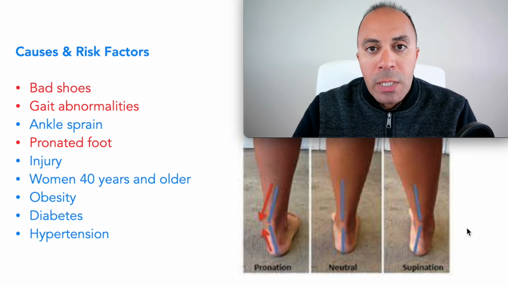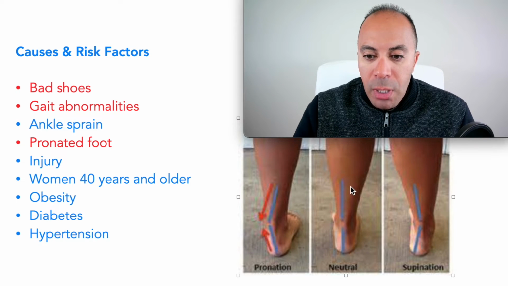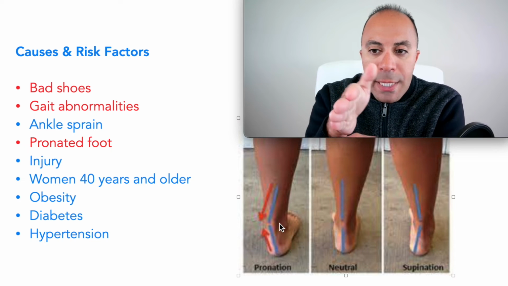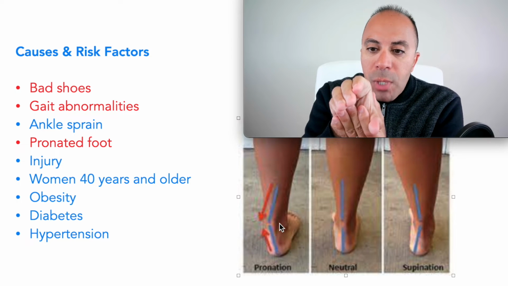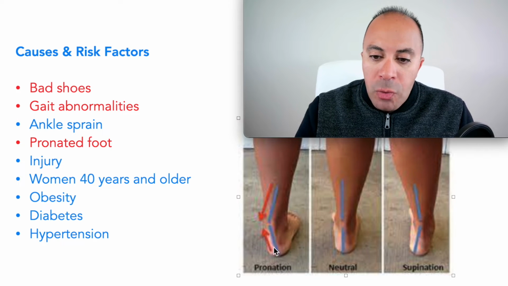The other issue is pronated foot. You can see the image in the middle. That's a neutral foot, which means it's aligned very well. If you have a pronated foot, your arch is collapsing instead of having a normal arch, and this is the way it looks from the back.